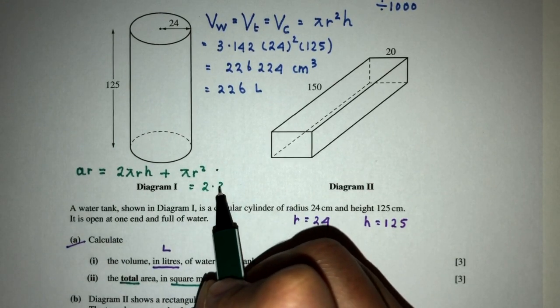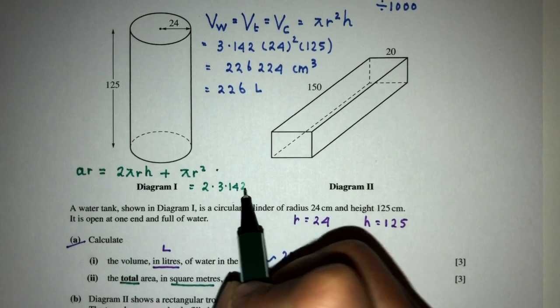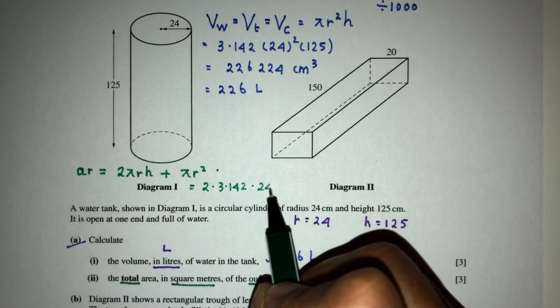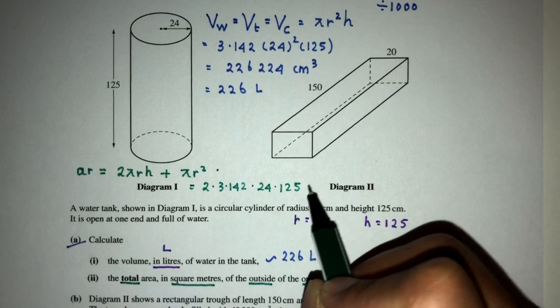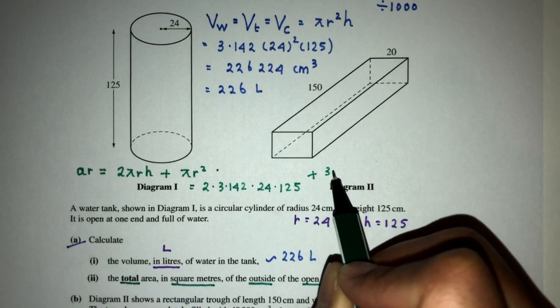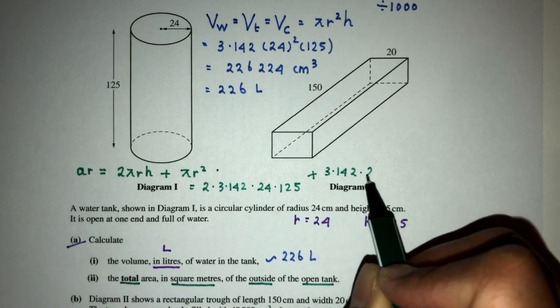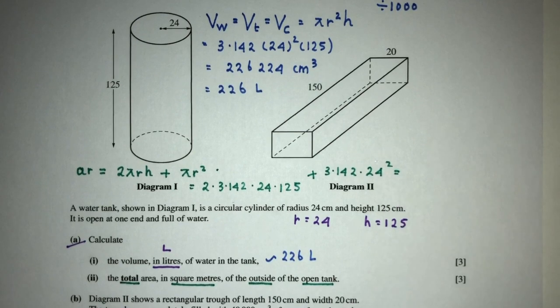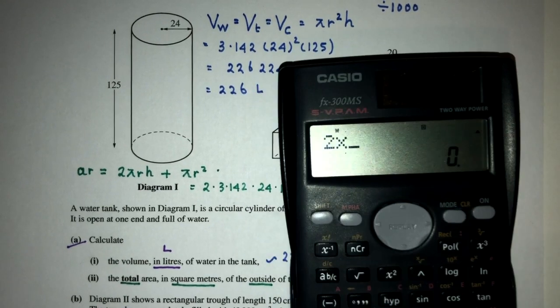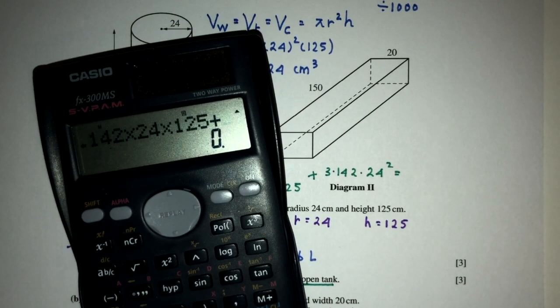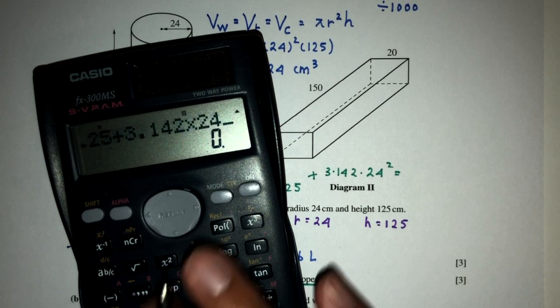That will be 2 times 3.142 times 24 times 125, and then plus 3.142 times 24 square.